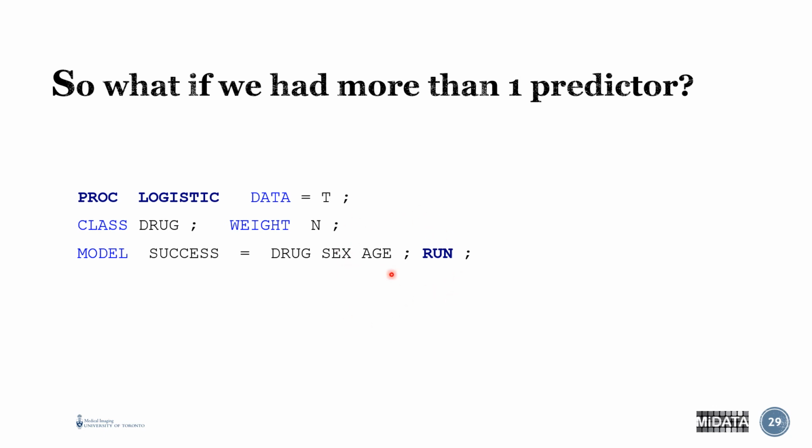With a continuous variable, we get the odds ratio for every unit increase in age. So if year is the unit, for every year increase in age, the odds ratio for success, so the association of the 1 year increase in age with success, will be that odds ratio.